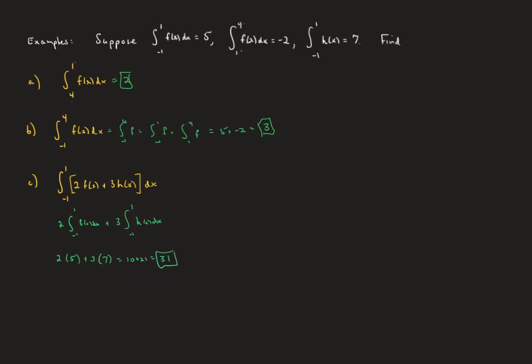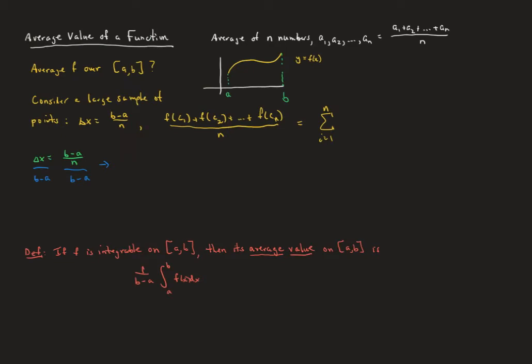Okay, next. Now this is an interesting idea, this average value of a function. So we know what an average value of a finite number of numbers is. You just add them all up and divide by the number of numbers. Well, what we're talking about for an average value of a function over a continuous interval gets a little bit abstract here.